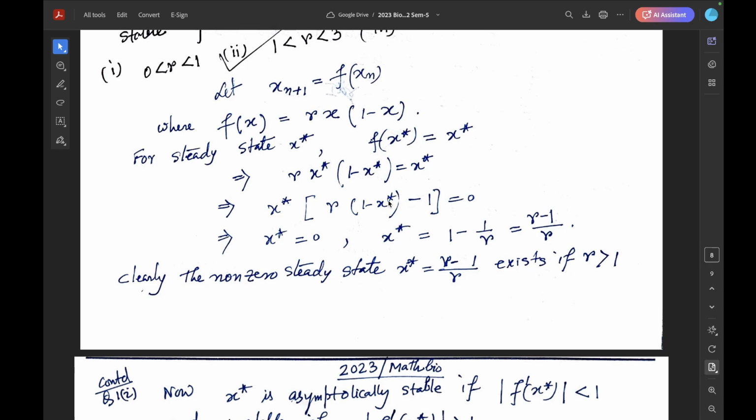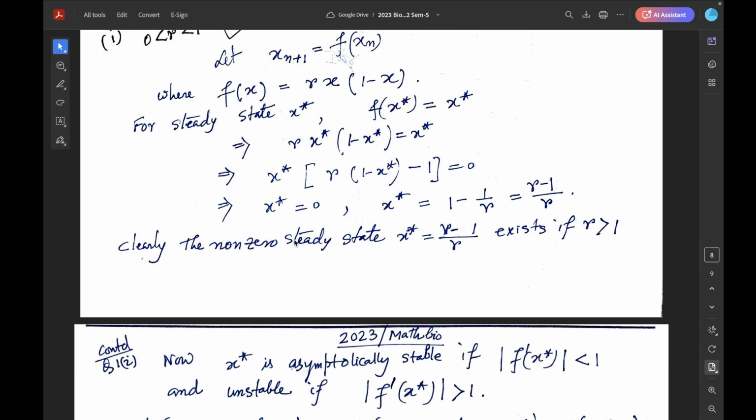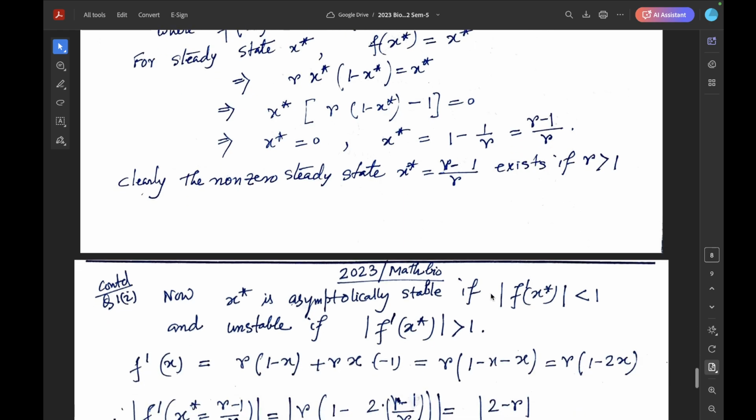So we get either x star equal to 0 or, from this factor, x star equal to 1 minus 1/r, which is (r minus 1)/r. Clearly, this non-zero steady state x star equals (r minus 1)/r exists if r minus 1 is greater than 0, that is r is greater than 1.